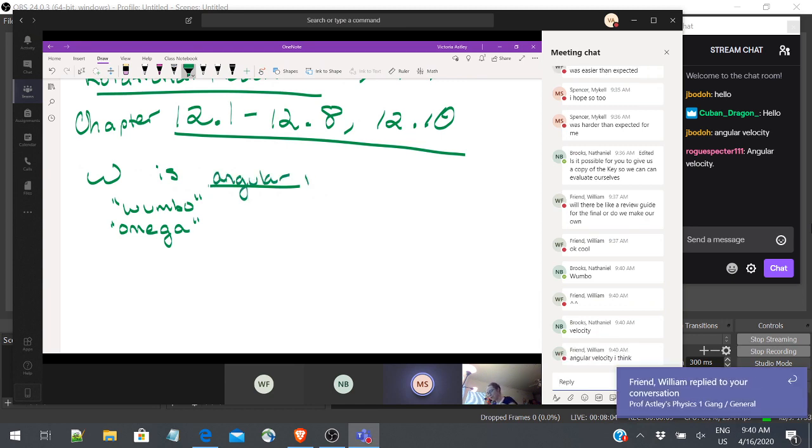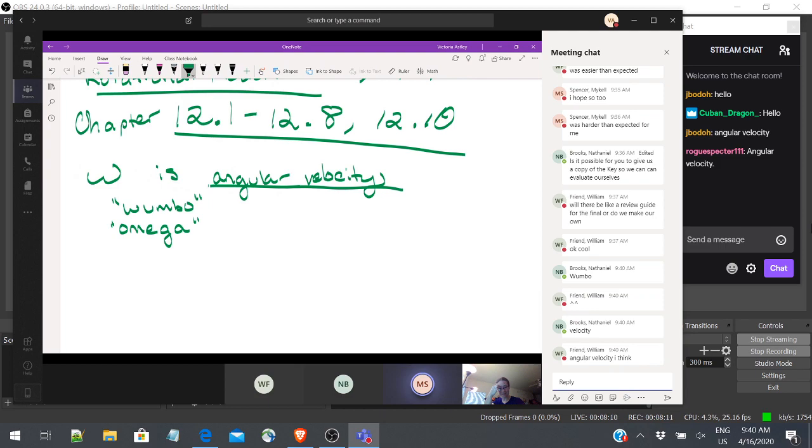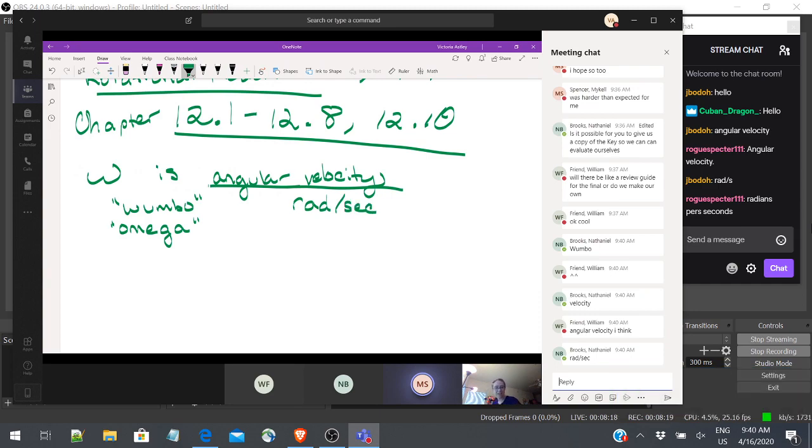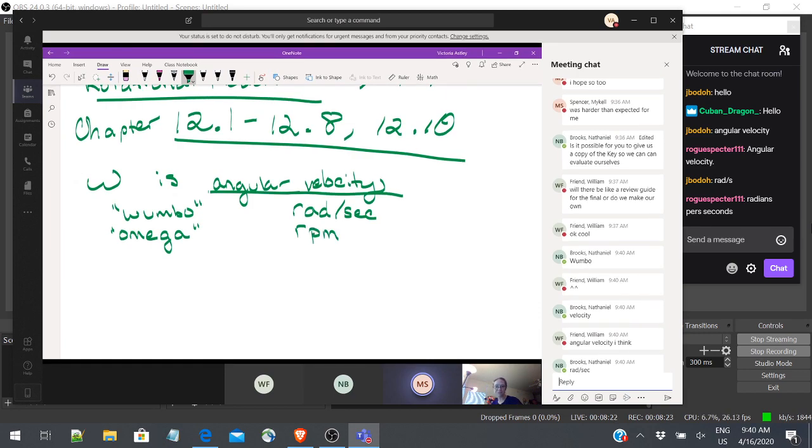Angular velocity. What units is omega usually in? Yeah, angular velocity, you got it. So usually it's radians per second. You might also see it, yeah, good, in RPM. That is also pretty common.